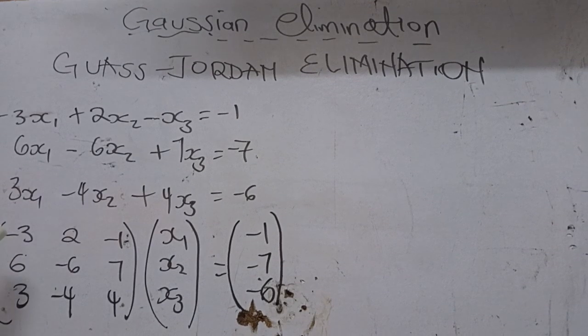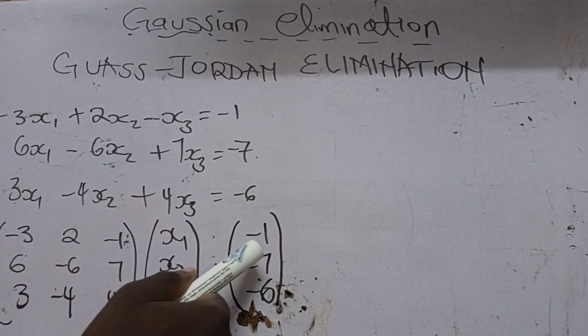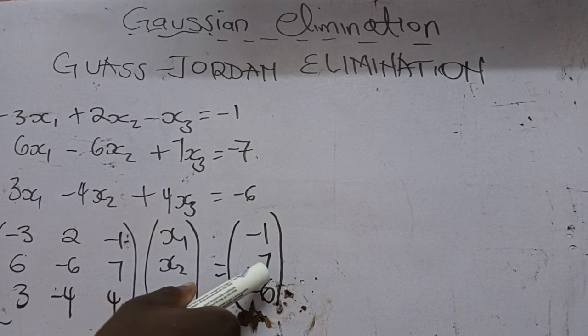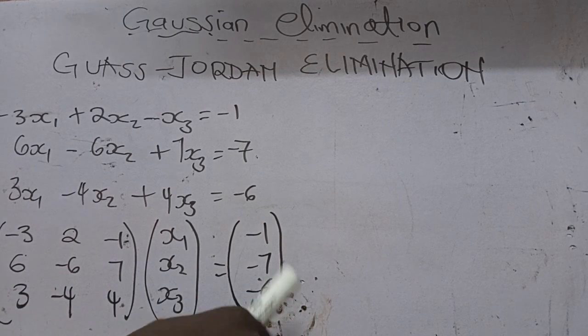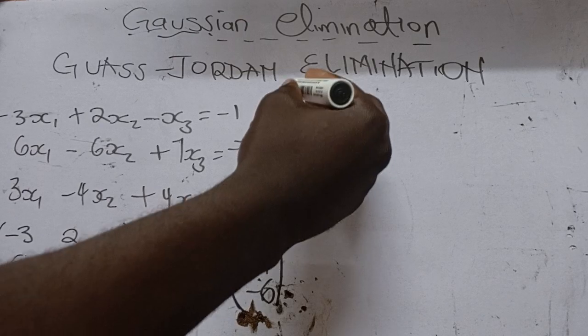So everything in this row represents x1, everything in this row x2, everything in this row is x3. So let's continue.